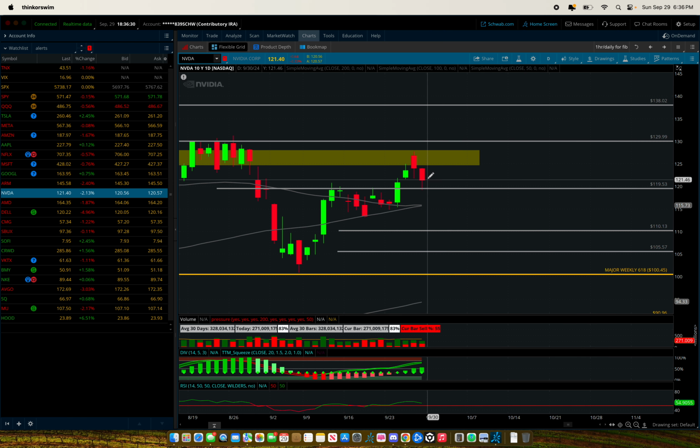As soon as we break below 119.50 on the daily candle, we close below it, we have strong volume selling below it, I'm going to get puts under 119.50, and then ride it down to 116. This can be the same expiration, 10/11, 10/18, doesn't matter. Depends on if you're day trading or swing trading. I'm going to take out profits right here.